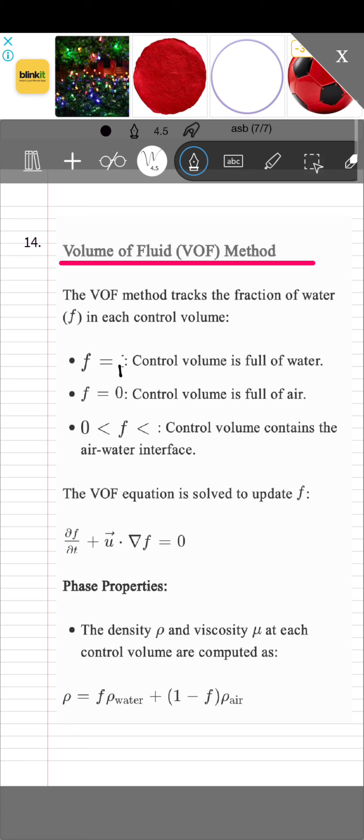Now, the equation to get the value of F is simply the rate of change of the fraction of water equal to the dot product of velocity and the fraction gradient. And once we have obtained the value of F, the fraction of water present, we can relate this with the density and viscosity for each control volume.